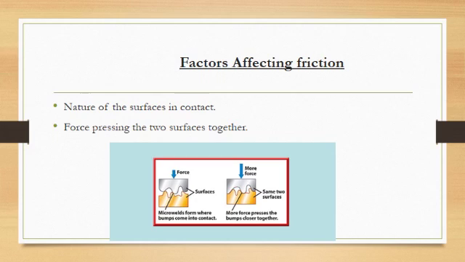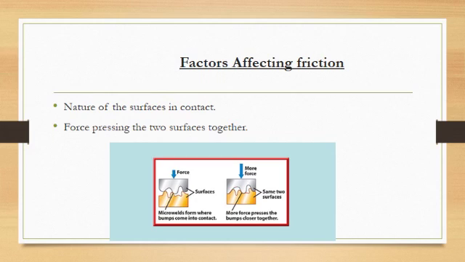Look at the figure that is given on your screen. You already know that irregularities present on the surfaces of two objects in contact are the cause of the force of friction. The more force applied, the more the bumps or irregularities come closer and interlock more strongly with each other.